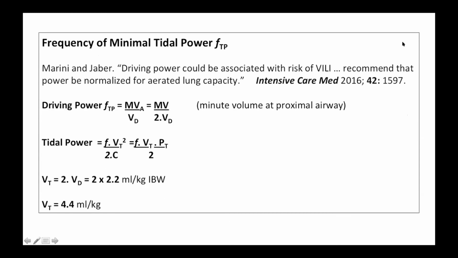Moving on from there, we have now gained an understanding, again from Marini and others, that the driving power could be associated with the risk of ventilator-induced lung injury. And there is a recommendation that such power be normalized for the aerated lung capacity.